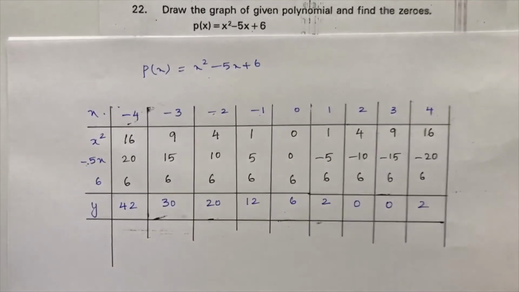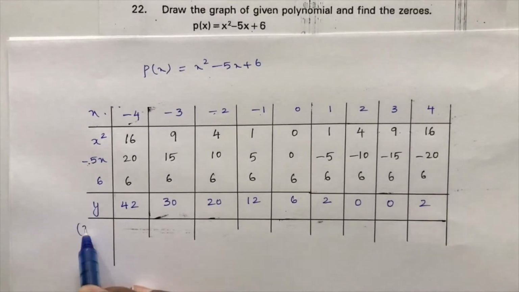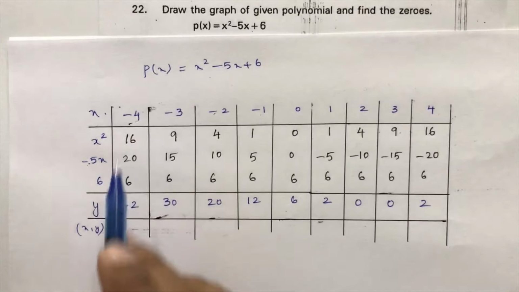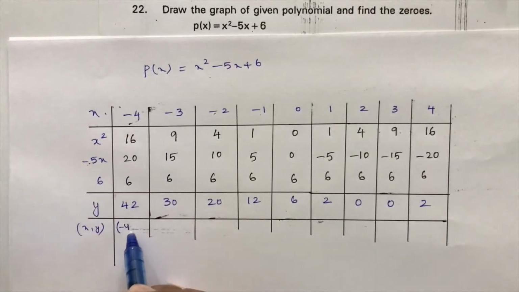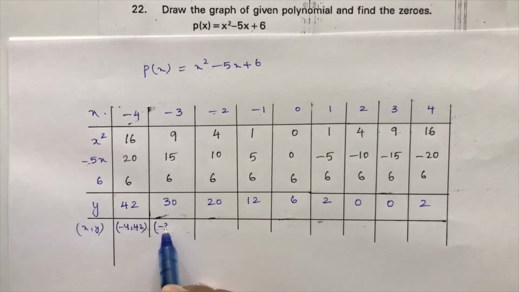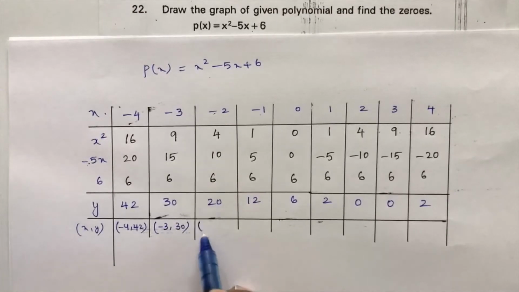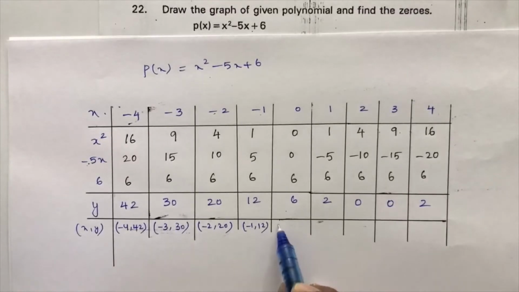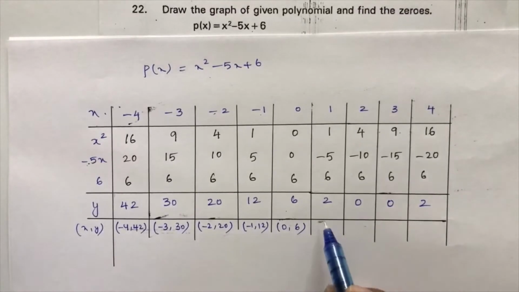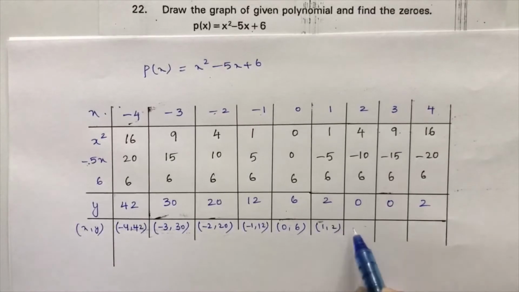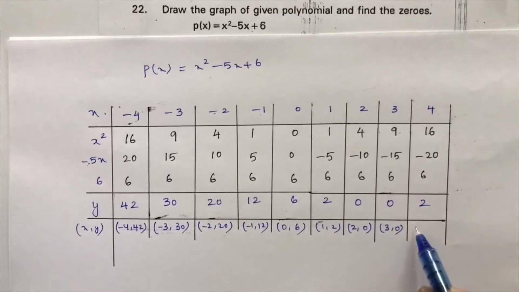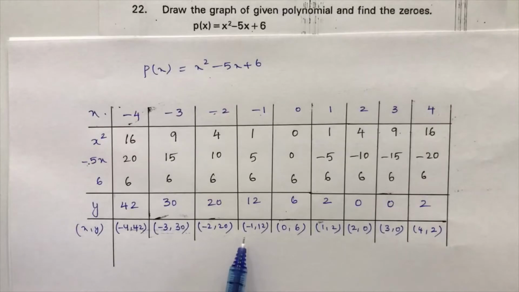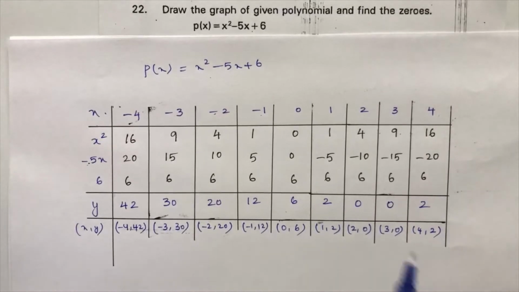Here x is minus 4 and y is 42, minus 3, 30, minus 2, 20, minus 1, 12, 0, 6, 1, 2, 2, 0, 3, 0, 4, 2. These are all the values I need to plot on the graph to get the zeros of this polynomial.